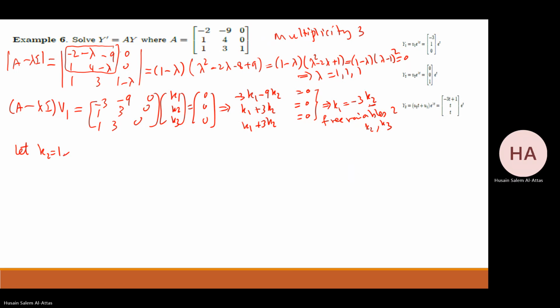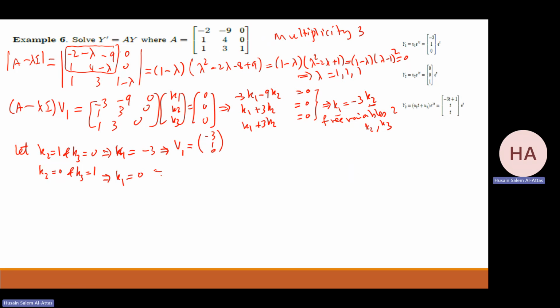Let K2 equal 1 and K3 equal 0, and then K2 equal 0 and K3 equal 1. What will be K1 in this case? K1 will be minus 3. And my first eigenvector will be minus 3, 1, 0. Now what will be K1 in the other case? 0, since K1 depends only on K2 and K2 equals 0. So my eigenvector will be 0, 0, 1.